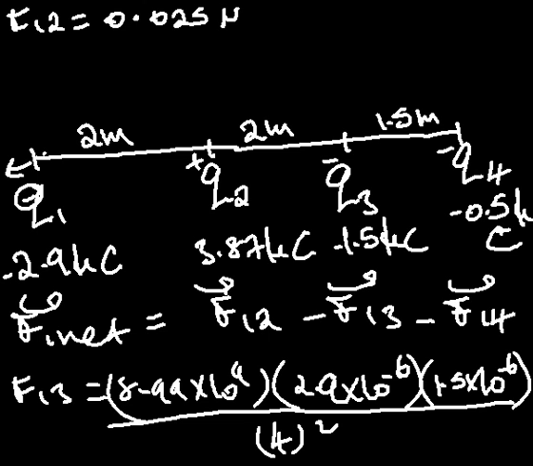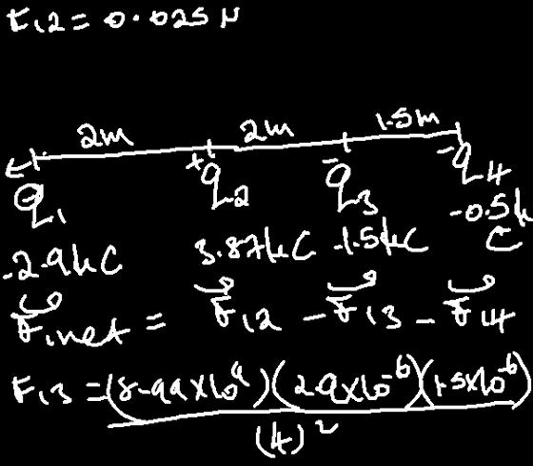How should we have the calculations there? The principle remains the same. We have 8.99 times 10 to the power +9, and times 2.9 times 10 to the power -6, and times 1.5 times 10 to the power -6 as well. Then I divide by 16.